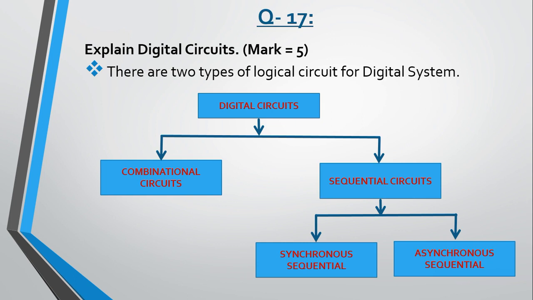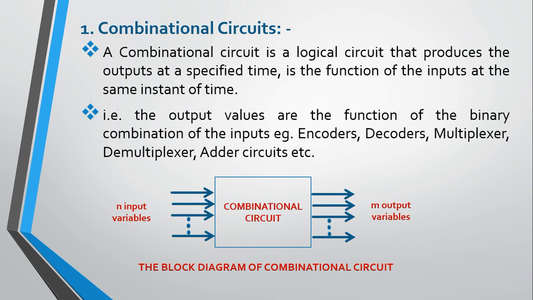Now what is a combinational circuit? From its name only you can understand that it is a type of combinations. Over here the combination is of logical circuits. Using that we are able to produce output.